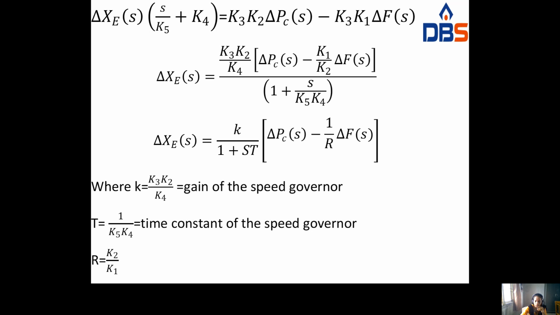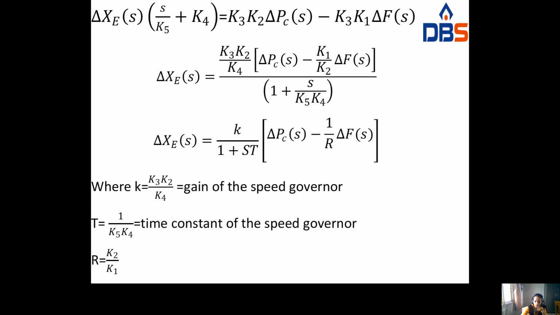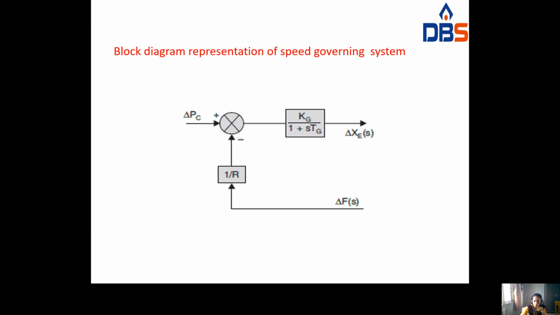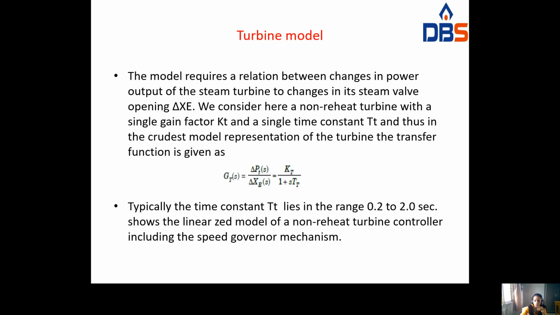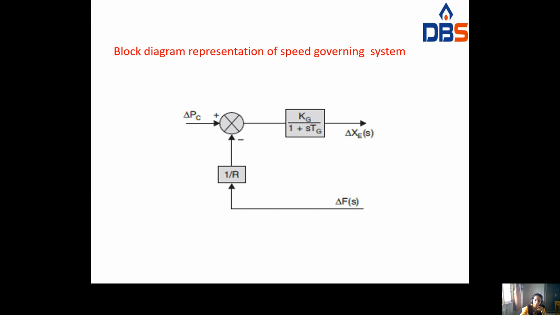So here KG by 1 plus STG, and delta PC. So here delta PC equal to KG by 1 plus STG minus 1 by R. This is a block diagram representation of the speed governing system.